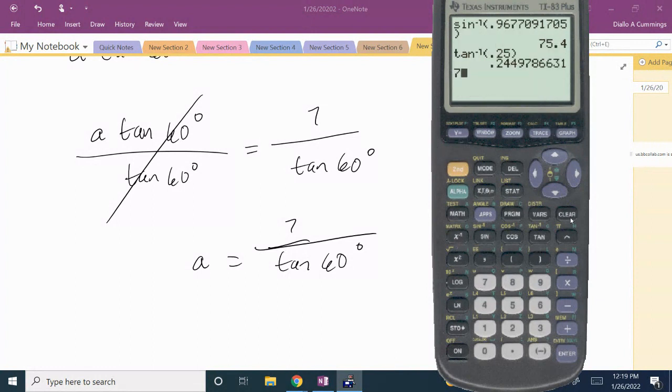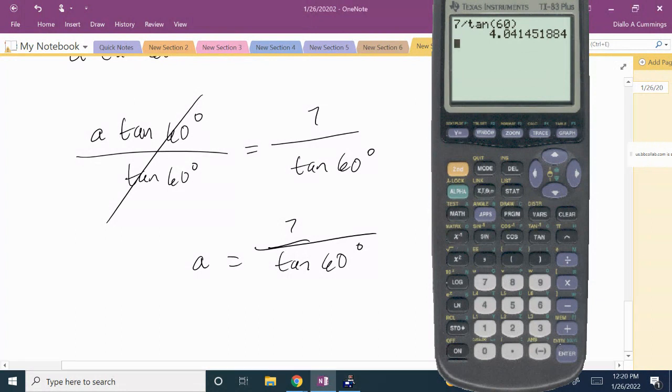Next, I'm going to divide 7 by the tangent of 60. And we have 4.04. So A is equal to 4.04.